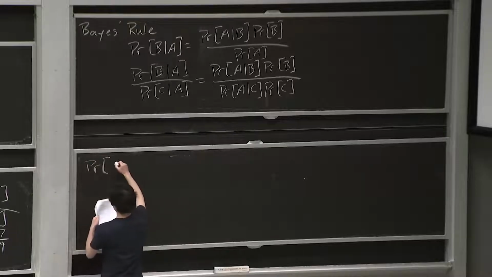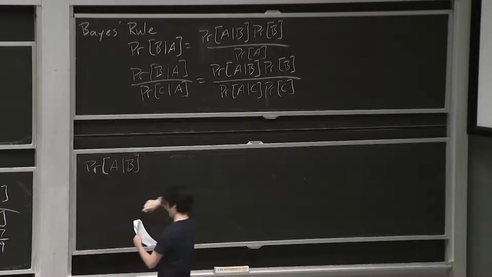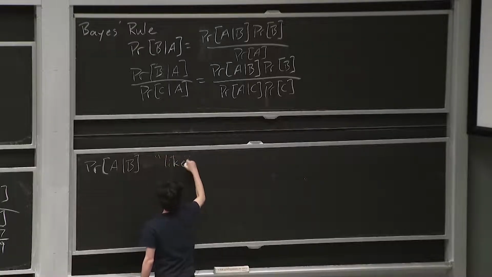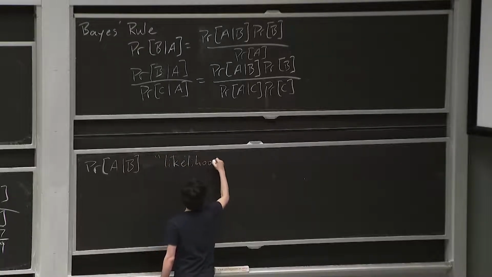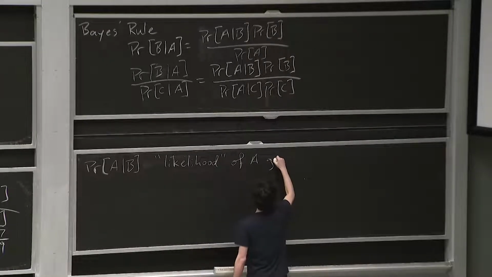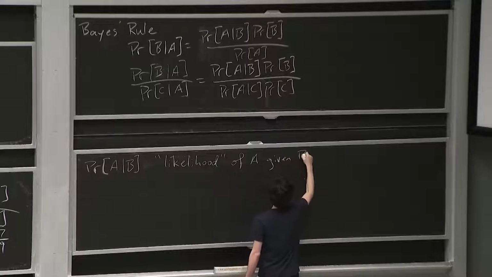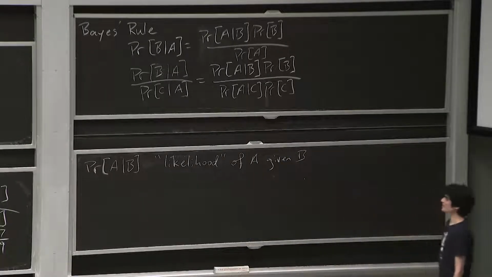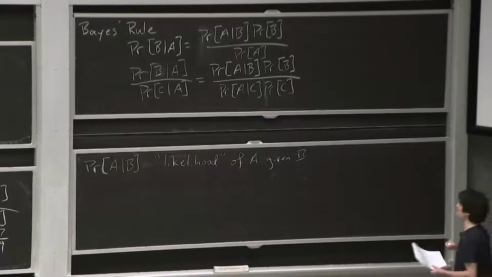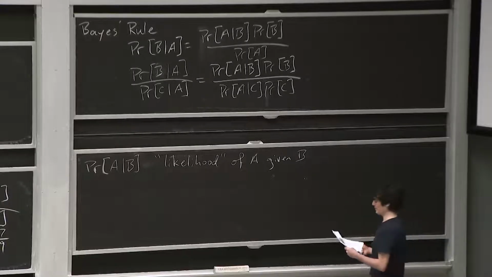The probability of A given B would often be called the likelihood of A given B. If any of you have ever seen maximum likelihood estimation or anything like that, that's where this comes from.